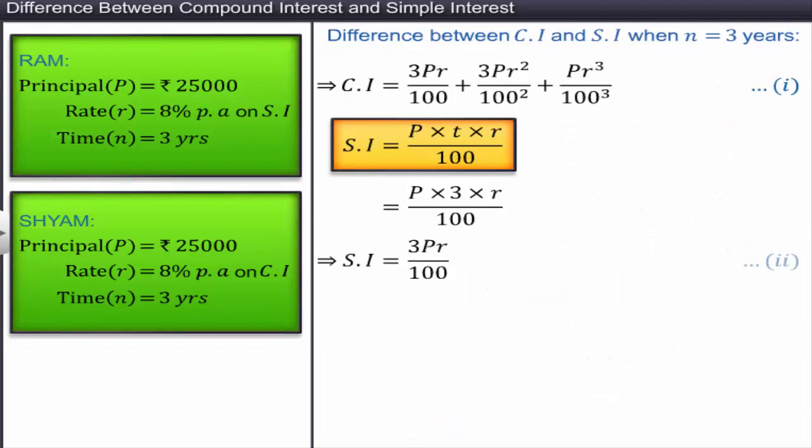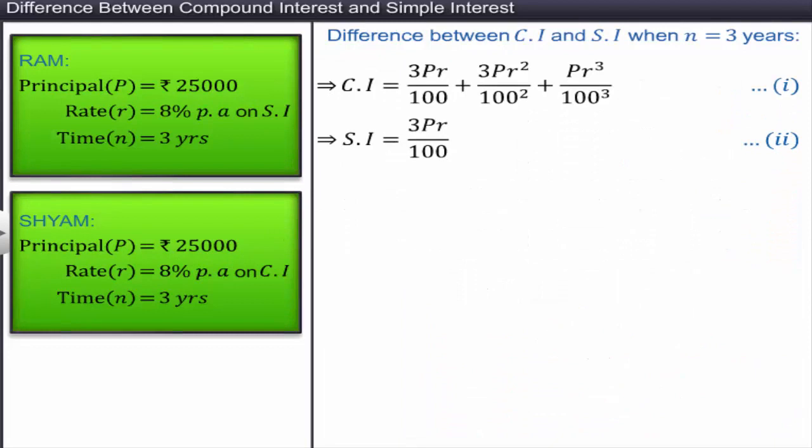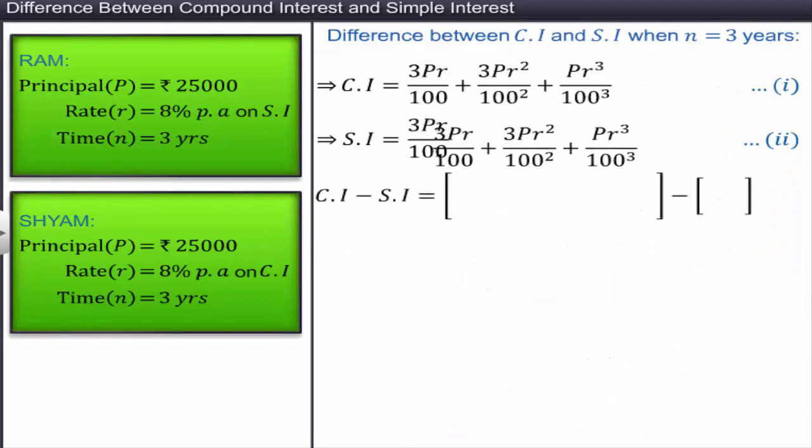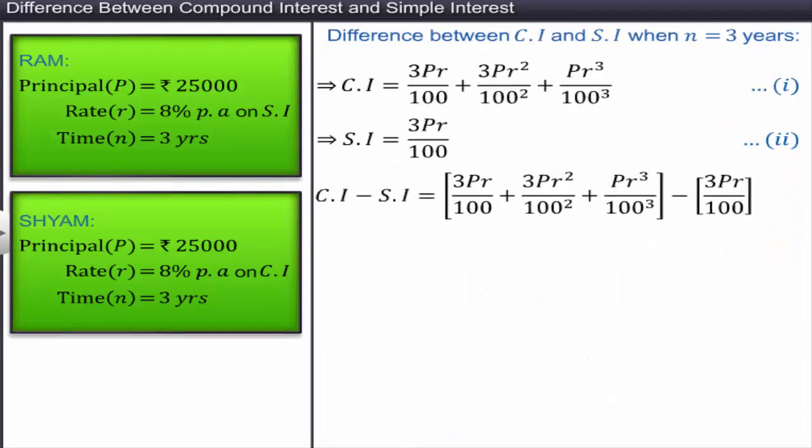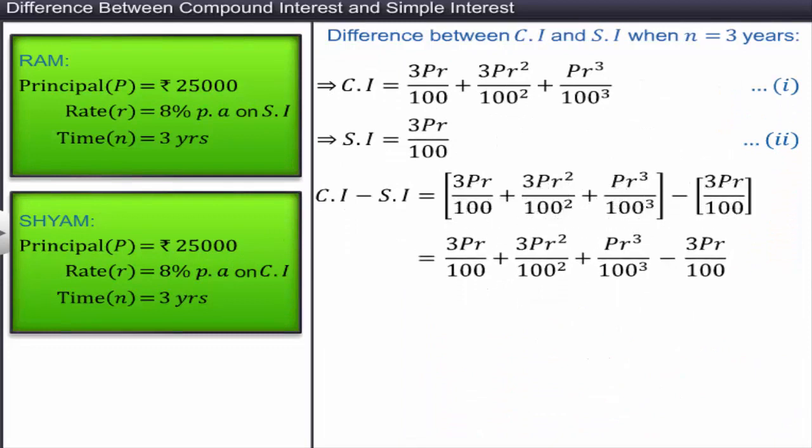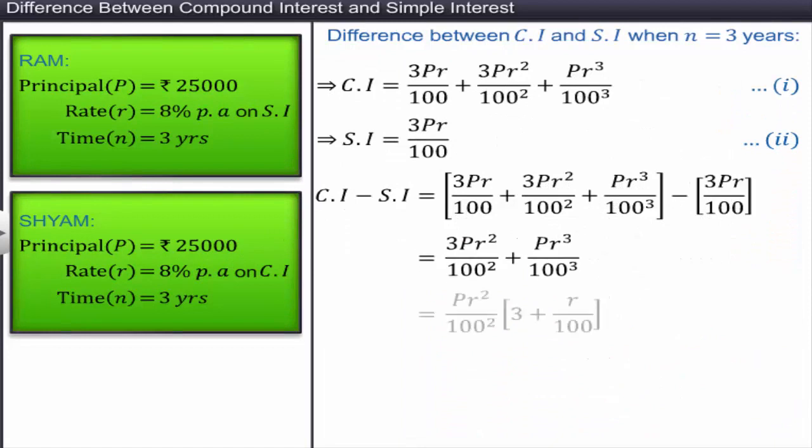Let this be equation 2. On subtracting equation 2 from equation 1 and then simplifying, we get the expression as shown.